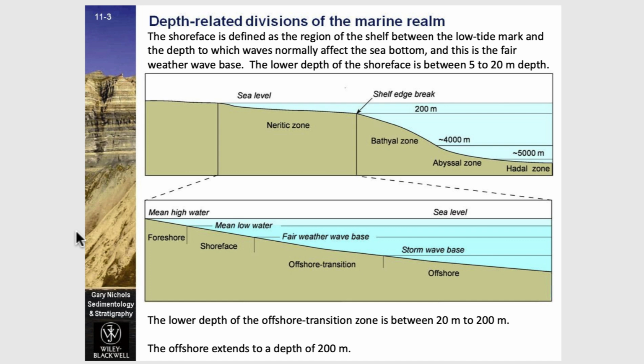If we focus on the neritic environment, many times a classification is used based on the energy of the environment because it does have implications for the sorting of the sediment as well as the grain size.